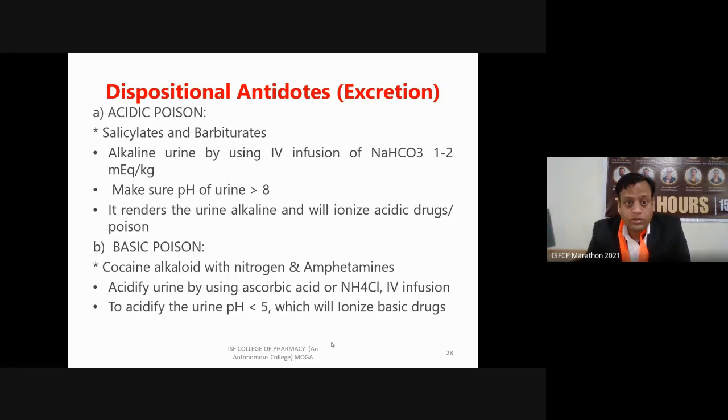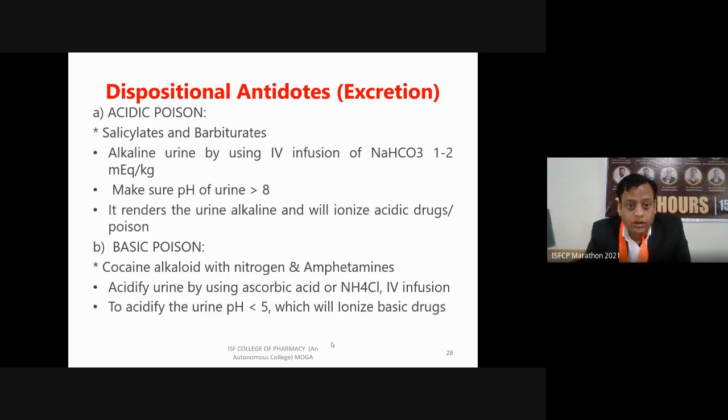In acidic poisons, there are salicylates and barbiturates. We alkalinize urine by intravenous infusion of sodium bicarbonate, which neutralizes the effect of salicylates or barbiturates that produce acidic poison. One to two milliequivalents per kilogram is generally used as the neutralizing agent.